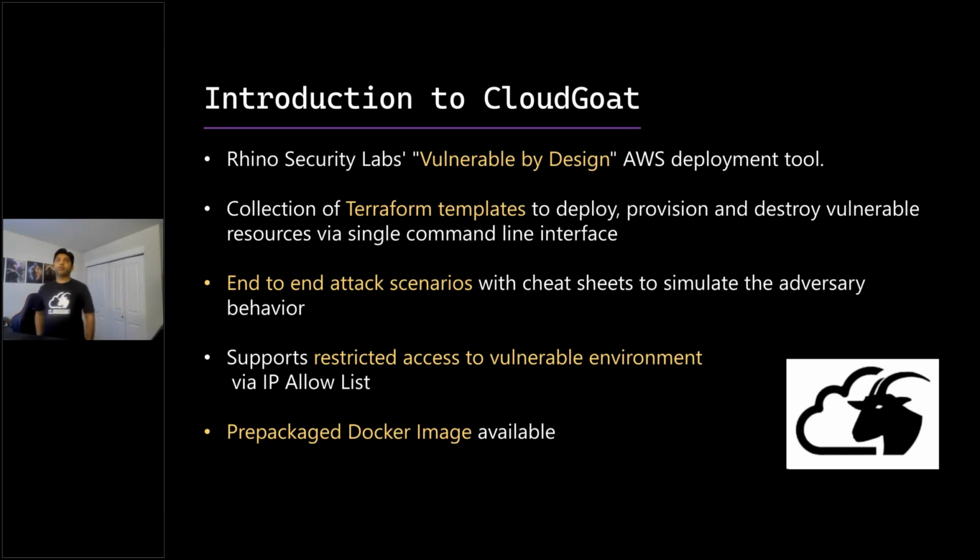All right, if you have not heard of CloudGoat, it's basically a vulnerable-by-design AWS deployment tool. It's published by Rhino Security Labs and is completely open source. They do some of the best AWS research that I've seen so far, from when I started learning about AWS and the different cloud attack vectors present for AWS.